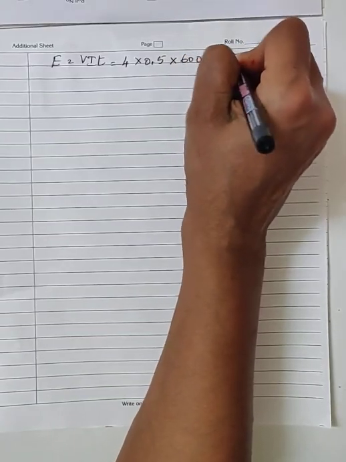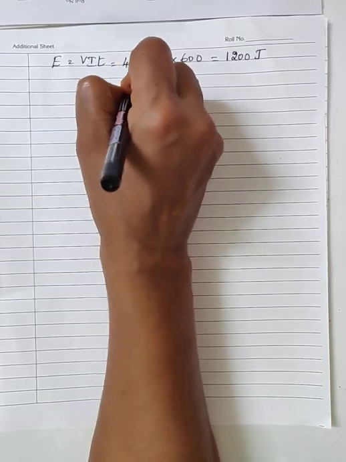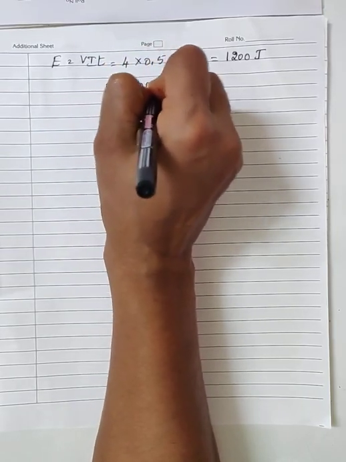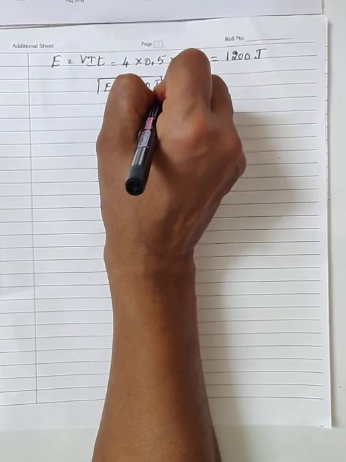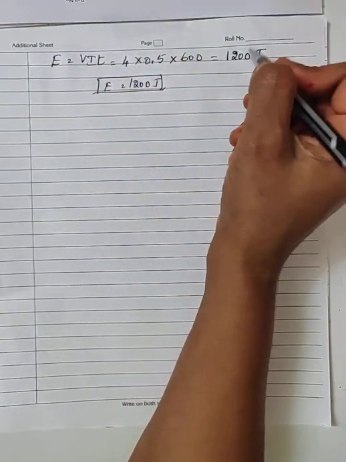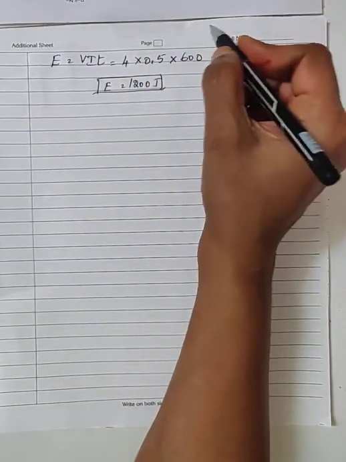The SI unit of energy is joule. So energy E is equal to 1200 joule. This is the answer for the first question, the total energy supplied by the battery in 10 minutes.